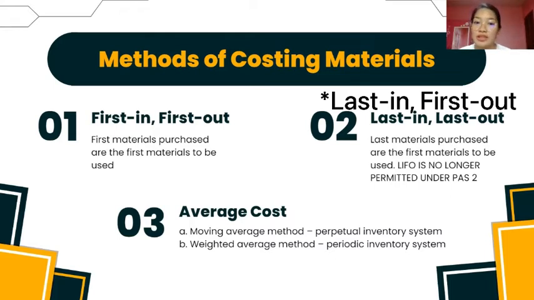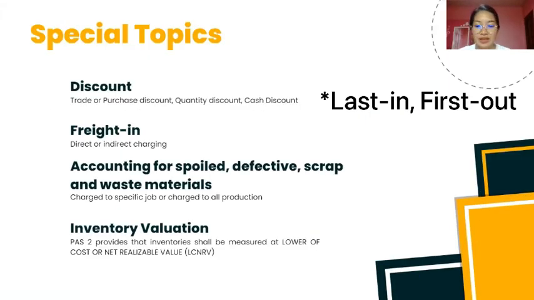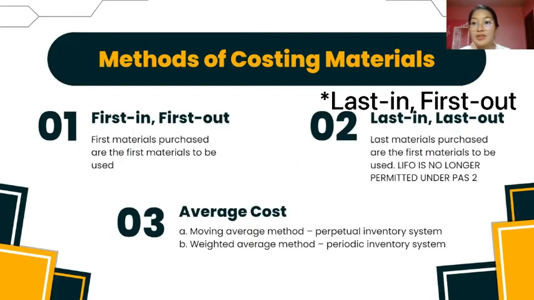So we have 2 here kay based sa inventory system. So moving average method for perpetual inventory and then weighted average for periodic inventory system. Okay, so let's try to answer a problem that uses the four methods.